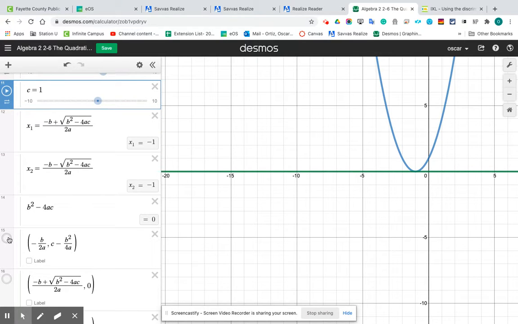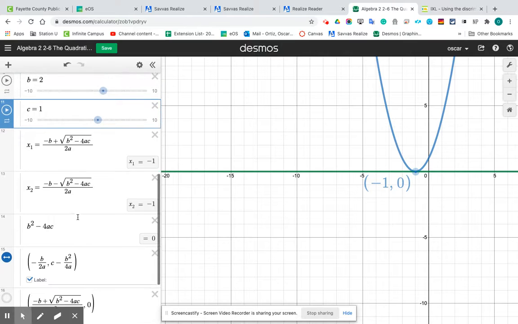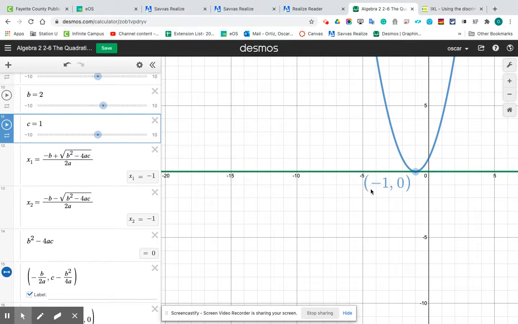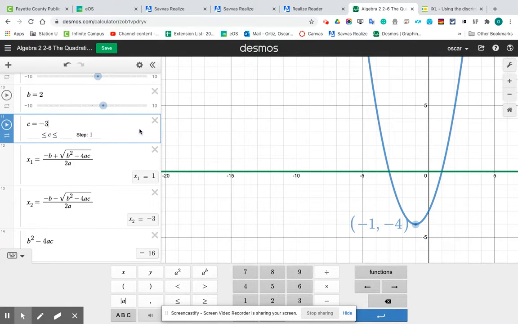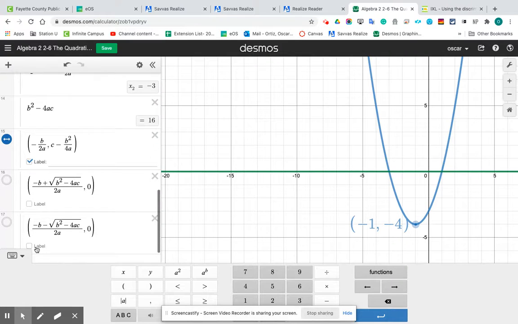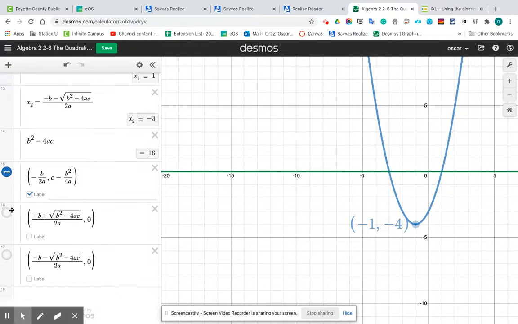So I got that point here. That point has only one x-intercept. So you will have quadratic equations for which there is only one solution, x equals -1 in this case. You will have, like I showed you before, equations where you have more than one solution, like in this case. I got those solutions highlighted here.